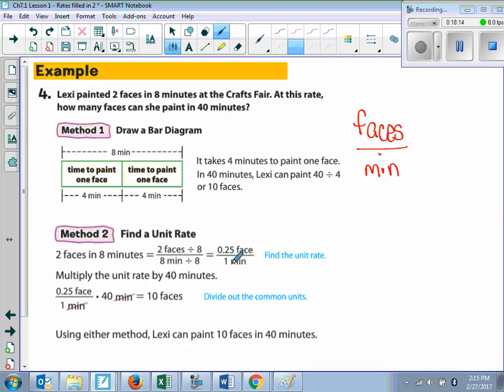So, rather than looking at how many she can paint in 1 minute, we're going to use our dimensional analysis to change this to 40 minutes. Is everybody clear? So, all we're going to do is multiply 40 minutes times how many she can do in 1. So, 0.25 times 40 minutes gives us 10 faces.